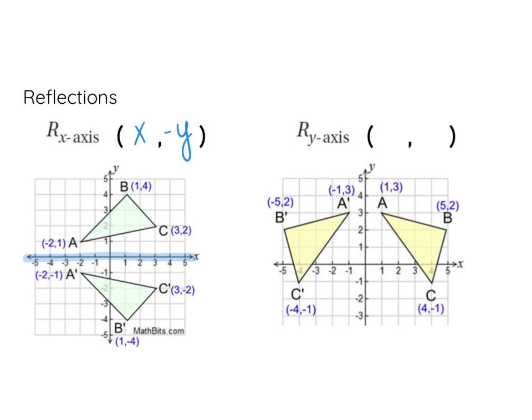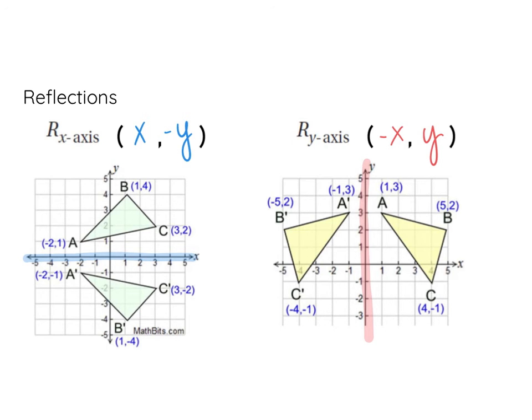Okay? When we reflect across the y-axis, we're going to use opposite of x, y. Okay? So again, these are just rules. Write them down, have them somewhere near you when you're doing your homework, when you're doing your quiz. Use that resource. I wouldn't say this is something necessarily that you need to memorize.